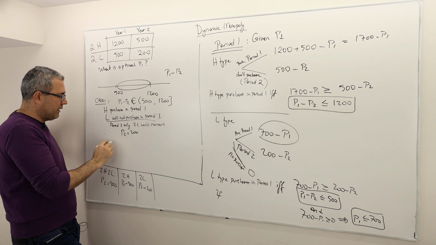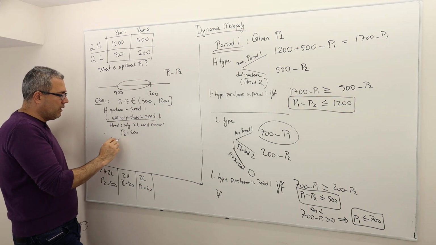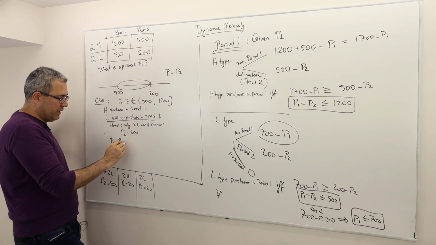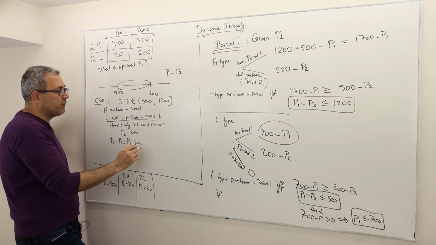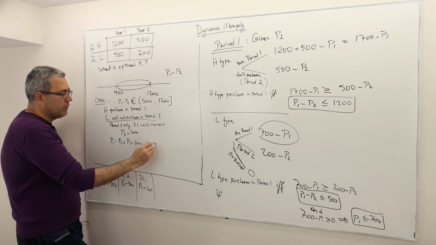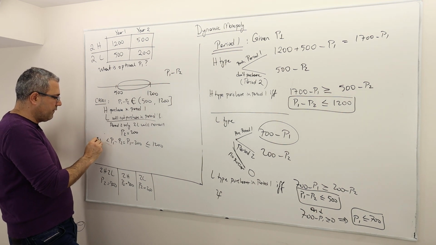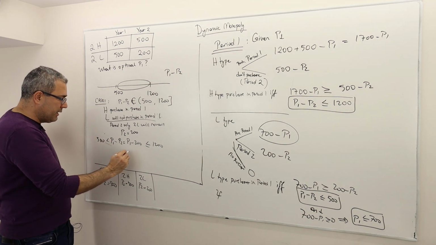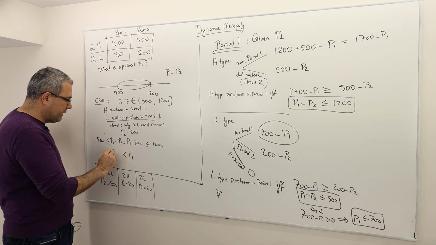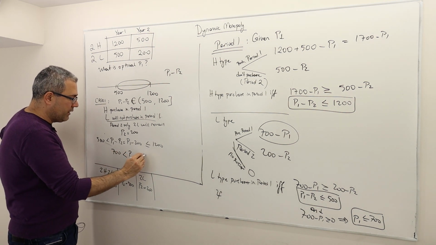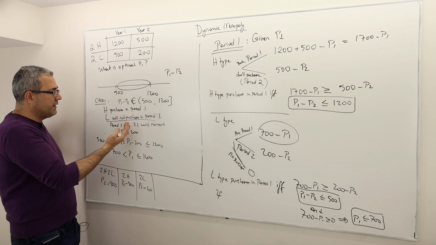So what does that mean? That means whenever P1 minus P2, which is equal to P1 minus 200, is less than or equal to 1200, but more than or equal to 500, which means whenever P1 is greater than 700 and less than or equal to 1400, this is the scenario.